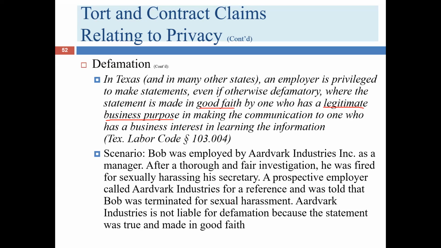Bob cannot successfully sue. But even if it were not true and the person taking the call just got his Bobs confused, but it was made in good faith, then very likely Bob still wouldn't have the best type of lawsuit. Let's look at the statute before we go ahead.